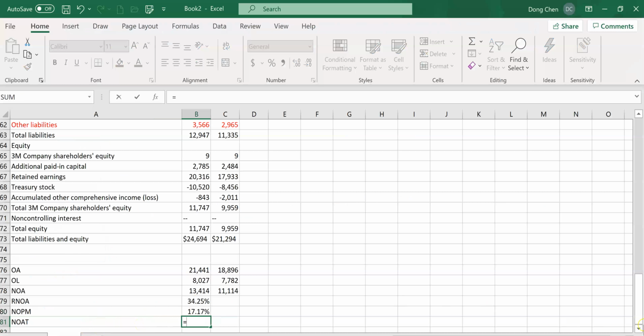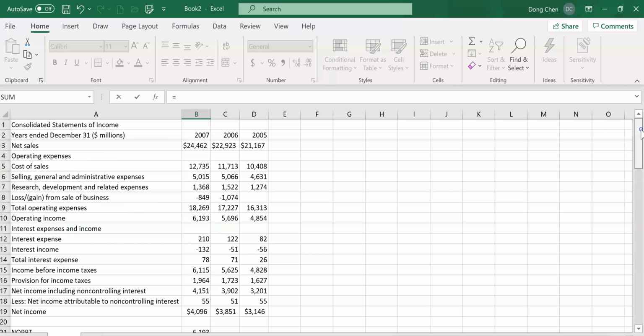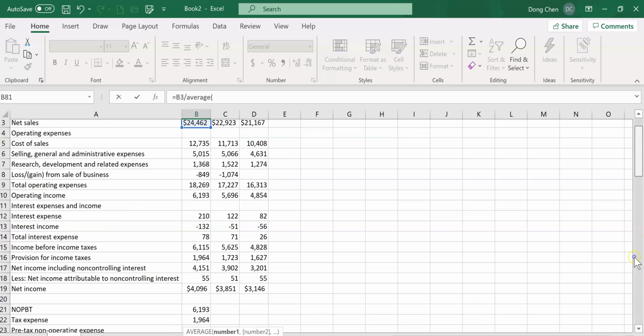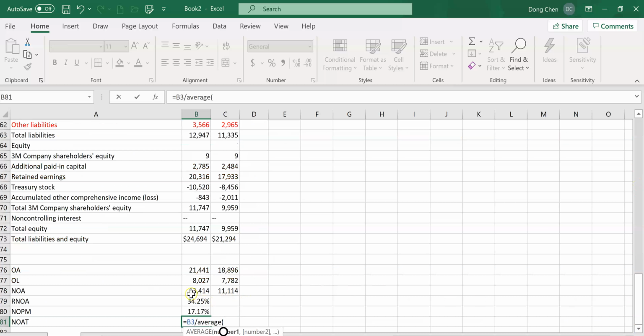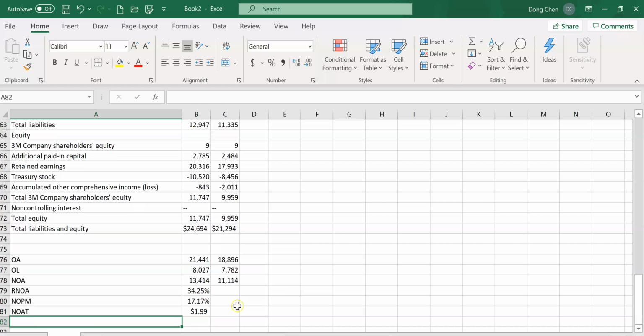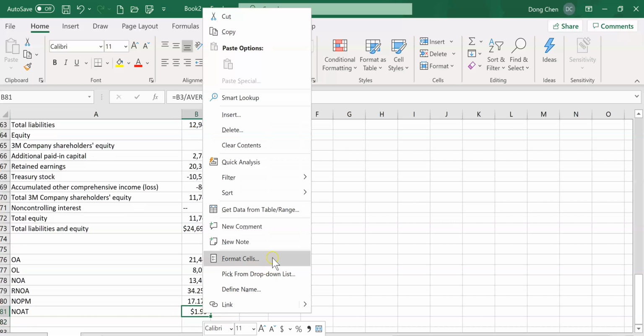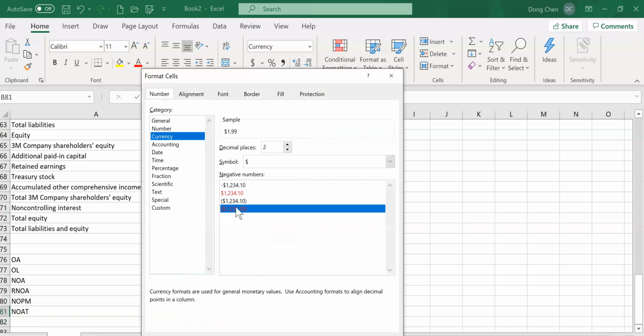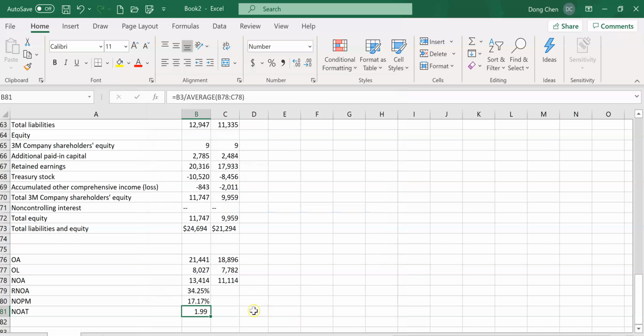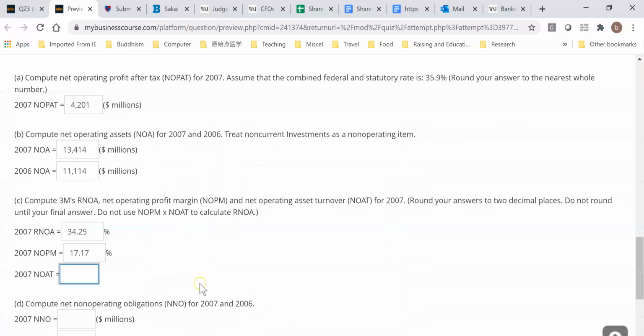This is defined to be net sales divided by the average level of the net operating asset. So these 2 numbers, average level. And here I don't have to use the percentage format. I can just use the number, but still keep this to 2 decimal places. So this gives me 1.99.